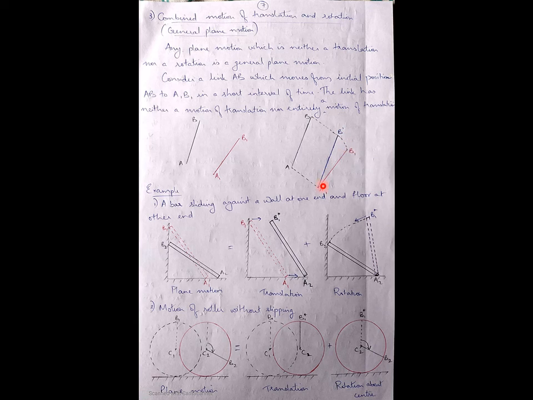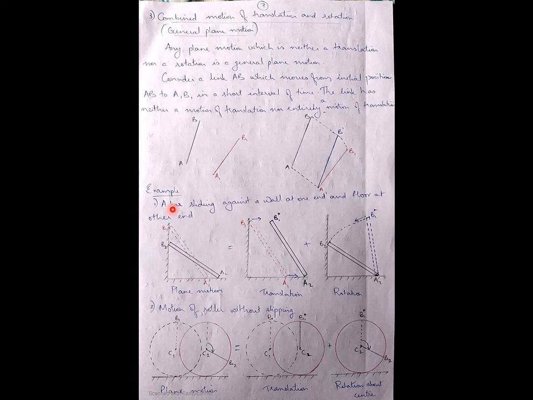So keeping A1 fixed, it rotated from B dash to B1, which means now it has moved from AB to A1 B1. The same thing is applied over here also. Initially it is translation, then it is rotation, which is a combined motion of translation and rotation, or a general plane motion. Now let us see some examples, then it will be more clear.